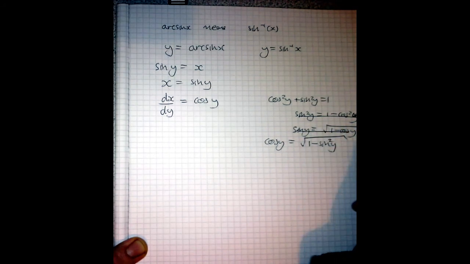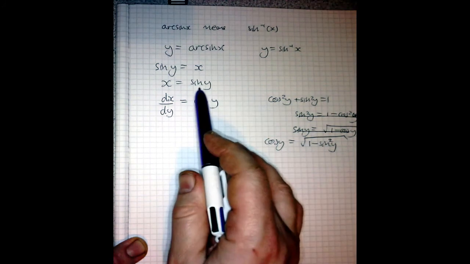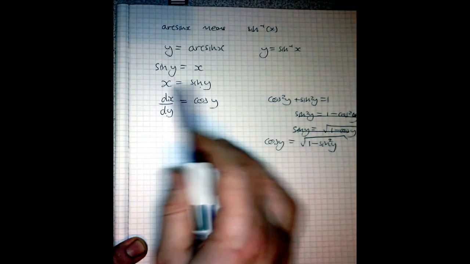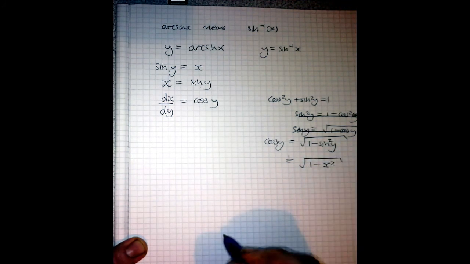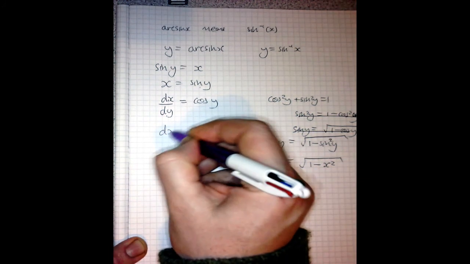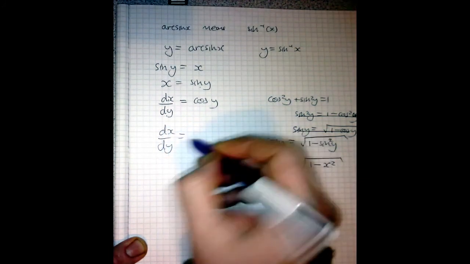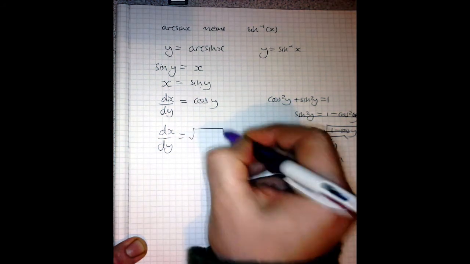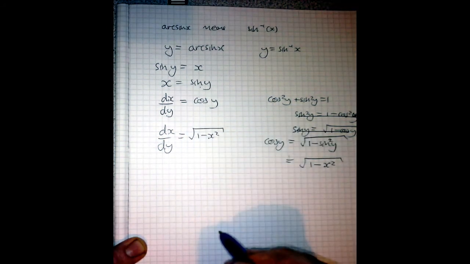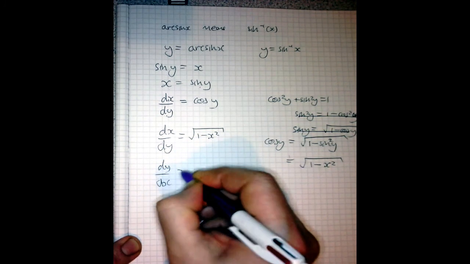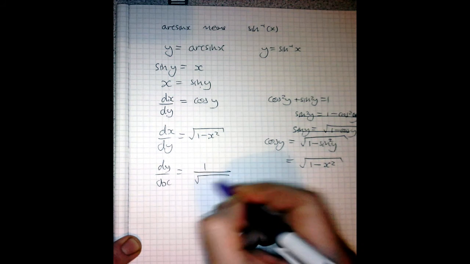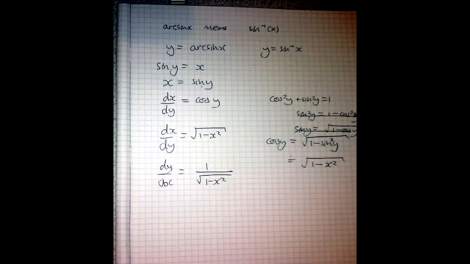Let's not do it that way, let's do this. Cos y is the square root of 1 minus sine squared y, because I've got sine y in terms of x. So the square root of 1 minus x squared. Dx dy is the square root of 1 minus x squared. Dy dx, then I just find the reciprocal.